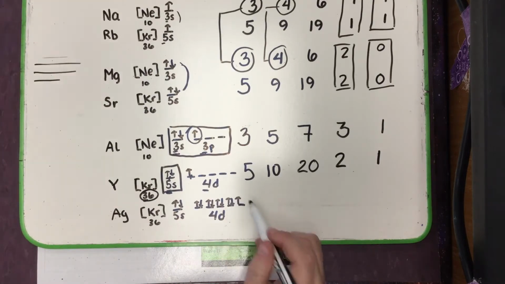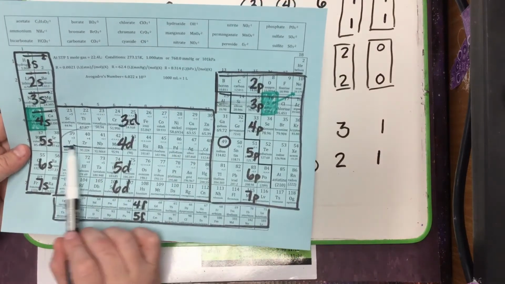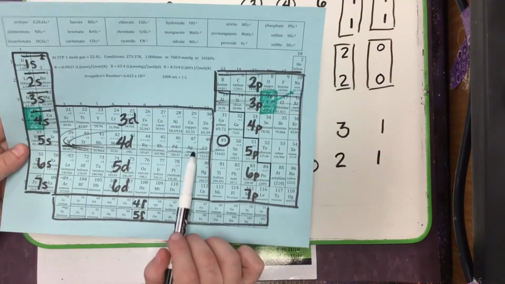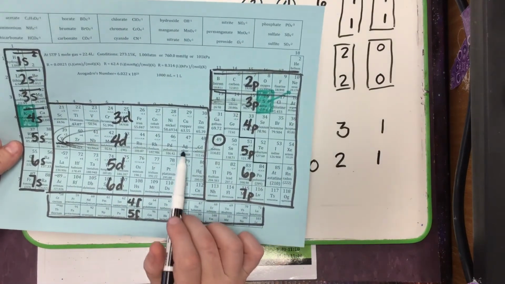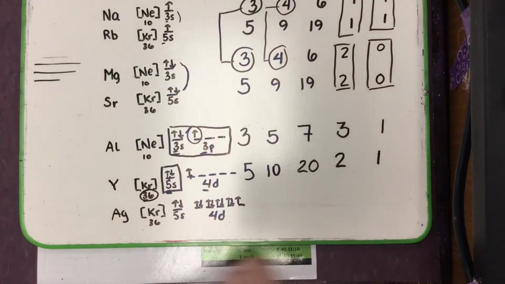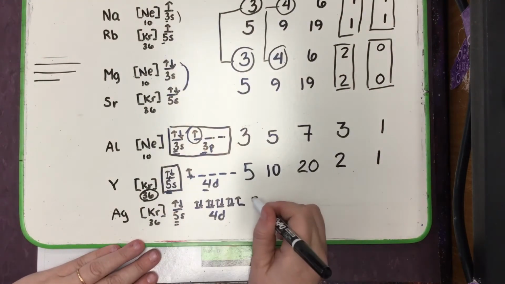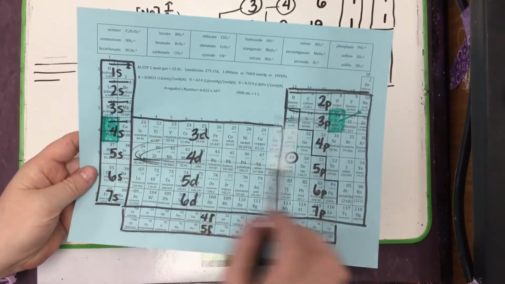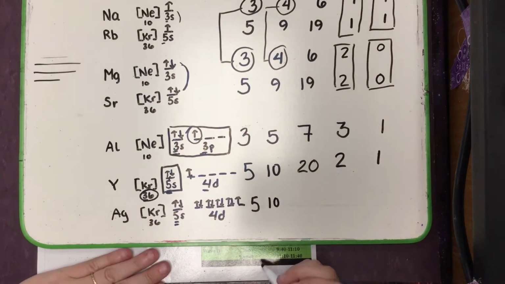We want to compare this to silver, which is within the same row, and it's within the same region even, the 4D region, but it is further over on the periodic table. And we want to see if, by going to silver, have we added any more valence electrons. So energy level, biggest number is still 5. Subshells, 1, 2, 3, 4, 5, 6, 7, 8, 9, 10, didn't change, still 10.